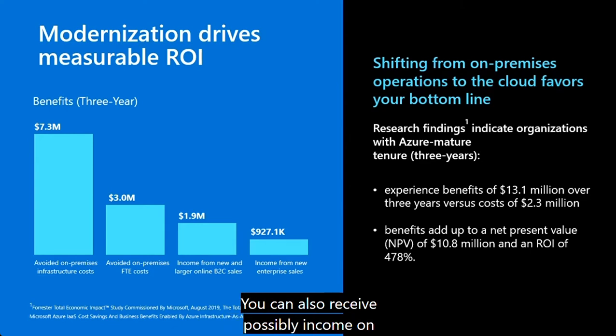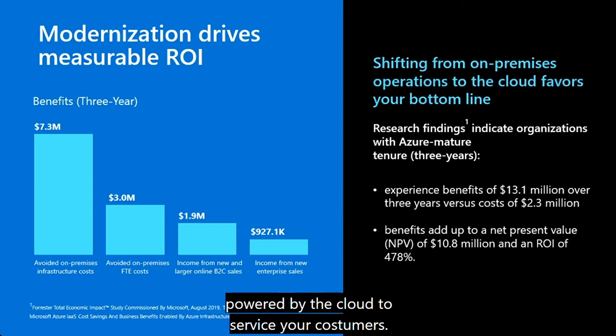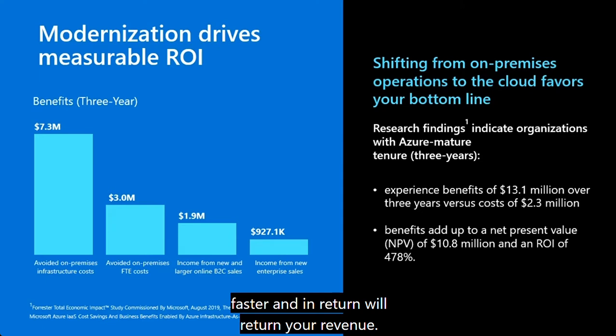You can also possibly receive income on the upside from new and larger online, for example, B2C sales, by transforming the way you service your customers using digital technology powered by the cloud. You can offer better products and services, deliver them faster, and in turn it will return your revenues. And we have seen countless examples of that.